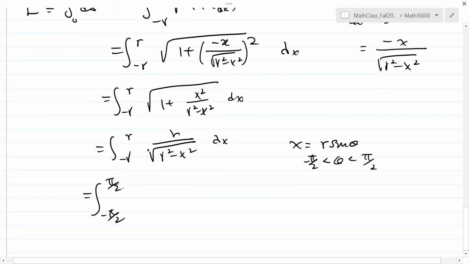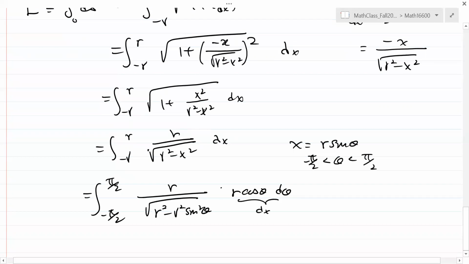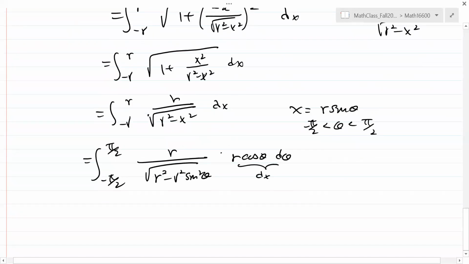You change it to another variable right now. This is r over the square root of r squared minus r squared sine squared theta, and that is times r cosine theta d theta, because that's the dx. Actually, you cancel out, because the denominator is just r times cosine theta.